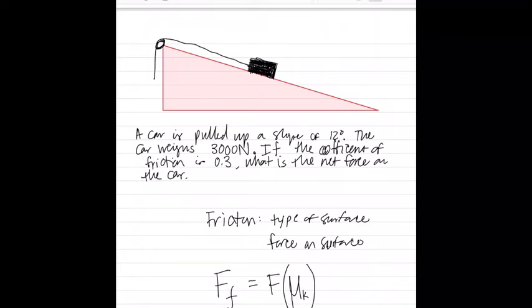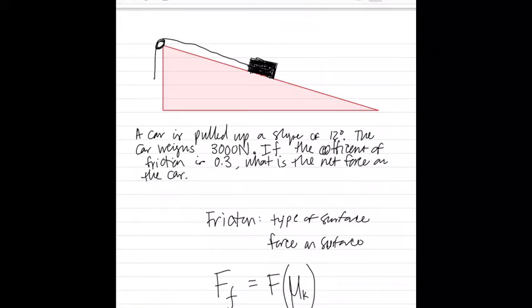The coefficient of friction is basically how much friction you have going on between two surfaces. If you put two pieces of sandpaper together, friction is going to be huge. If you put two blocks of ice next to each other, the friction is not going to be nearly anything. But those values are always under 1. If you ever see a frictional value over 1, something's wrong. Frictional values are always under 1, like 0.15 or 0.3 or 0.7. So this one is 0.3.